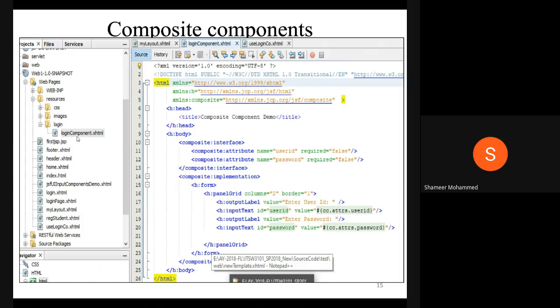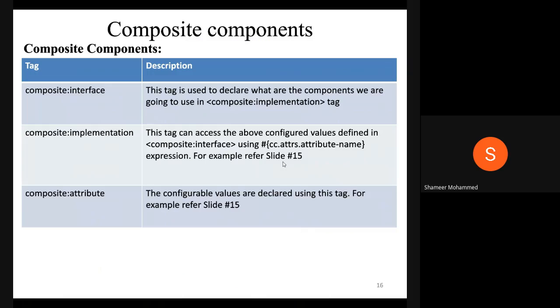I have created a login component, and using these tags we can use composite colon interface, composite colon implementation, composite colon attribute. This is a tag used to declare the components. In the login screen, what JSF components are available?